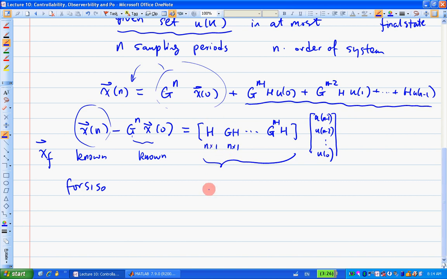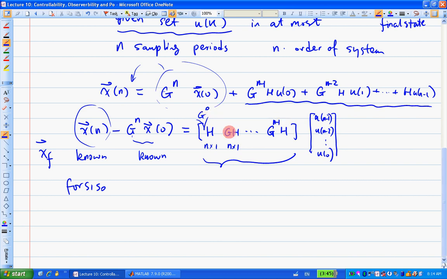Each column is n by 1, but this matrix has many columns. How many columns does it have? Look at how many G's there are: the powers of G start from 0 up to n minus 1.